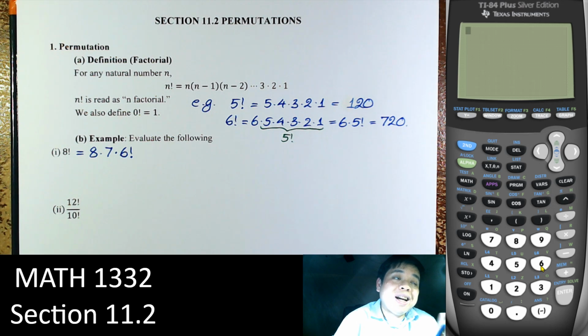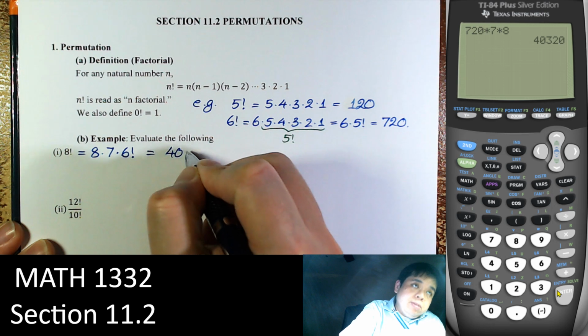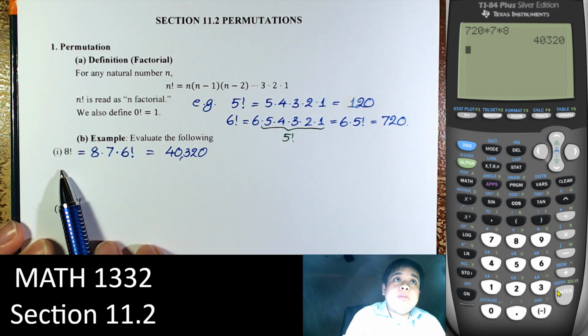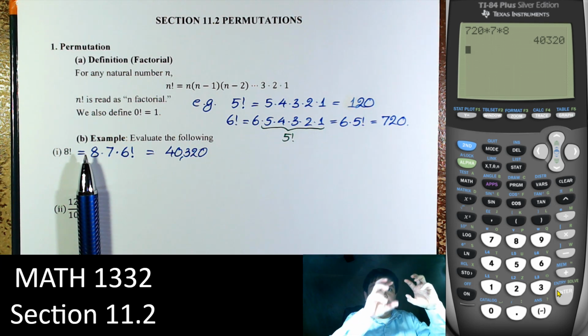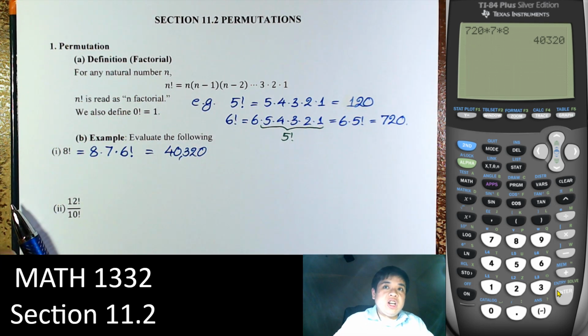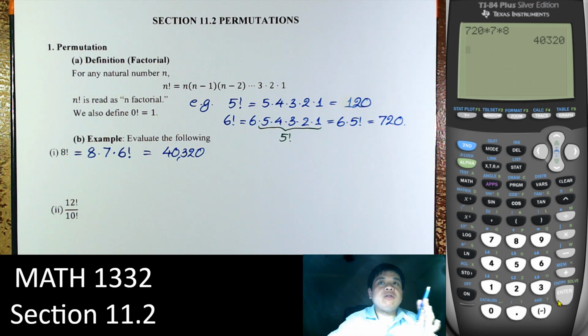We already have 6 factorial, which is 720. Now just times 7 times 8. So the nice expression of factorial is we can start from that, reduce by 1, and whenever we don't want to write anymore, just put an exclamation point, and we know it has to be a product from that number back to 1.